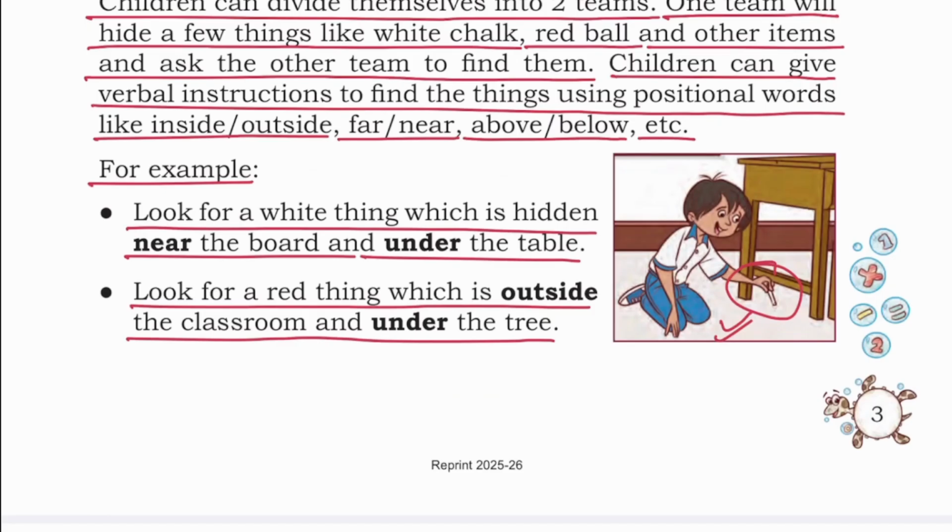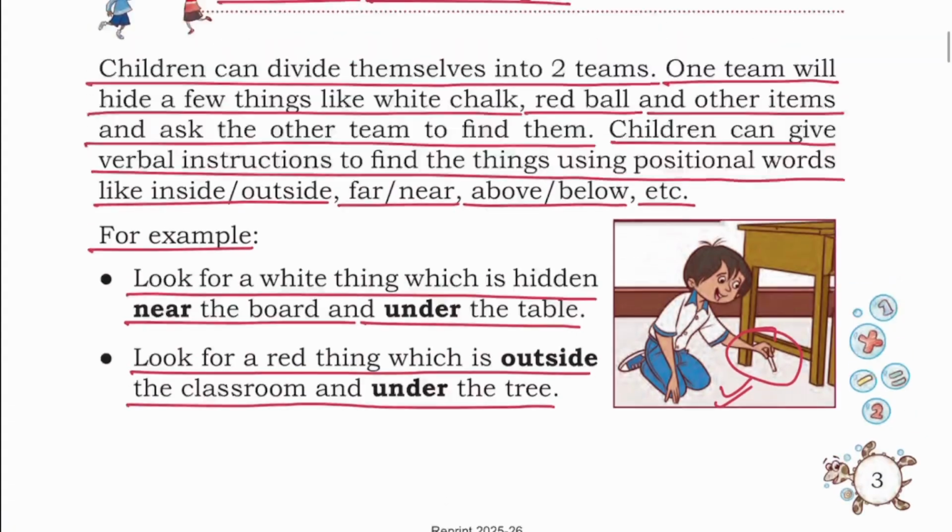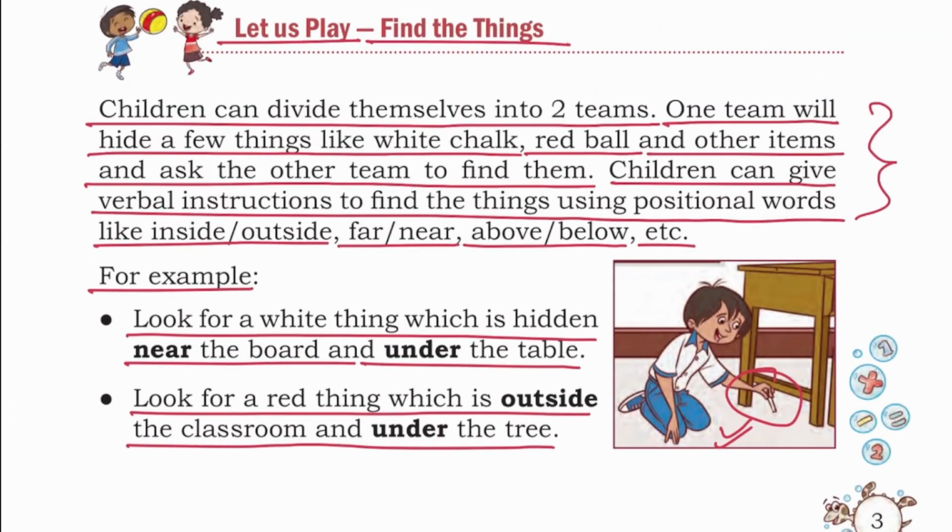Similarly, there could be other things that are of red color which should be outside the classroom and under the tree. For this activity, there will be two teams. One team will give instructions using positional words and some hints, as it is written here, to the other team so that they can find the thing that has been instructed or hidden.